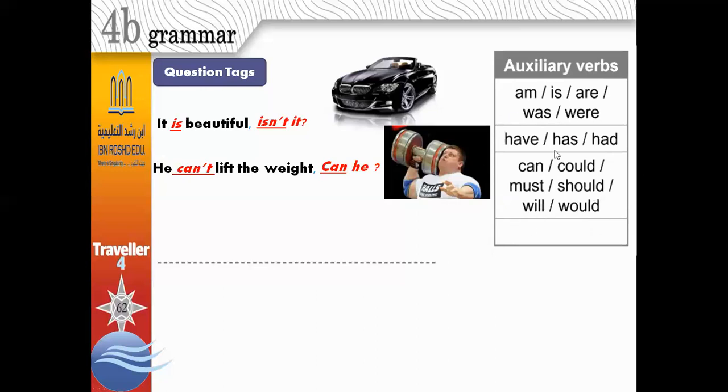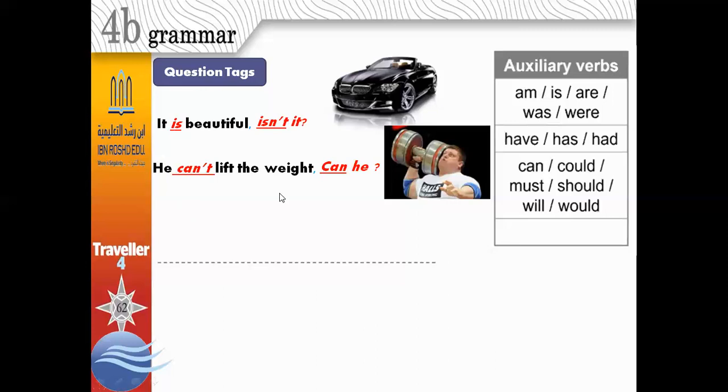These are auxiliary verbs. Okay? So if you look at the sentence, is is an auxiliary verb, can't is an auxiliary verb. It's right here. Okay?